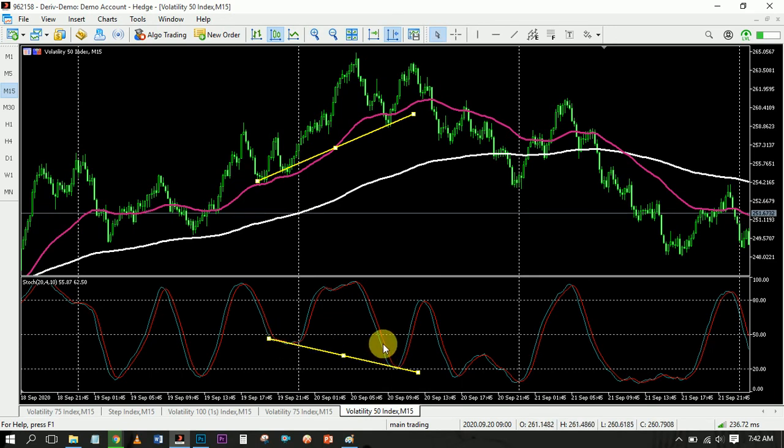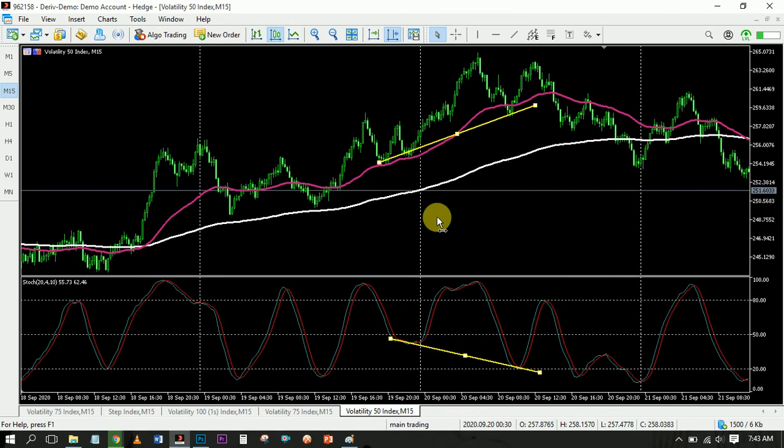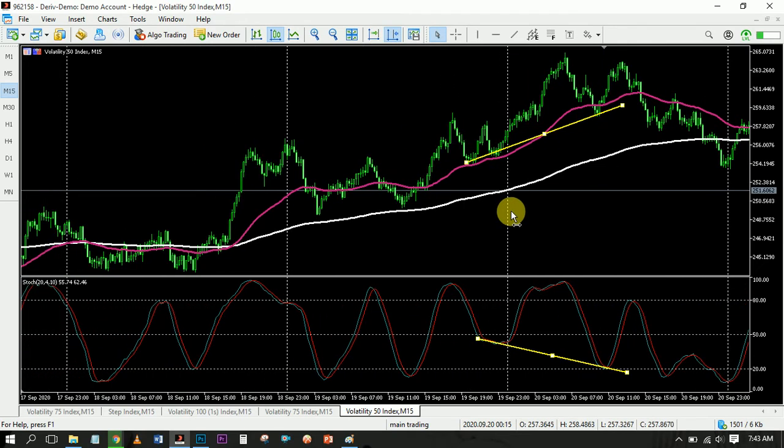I can see that the stochastic here dropped below the oversold level. So you expect that the market will push up. The market from here pushed up, then you take your profit right here. So let's look for other possible scenarios.